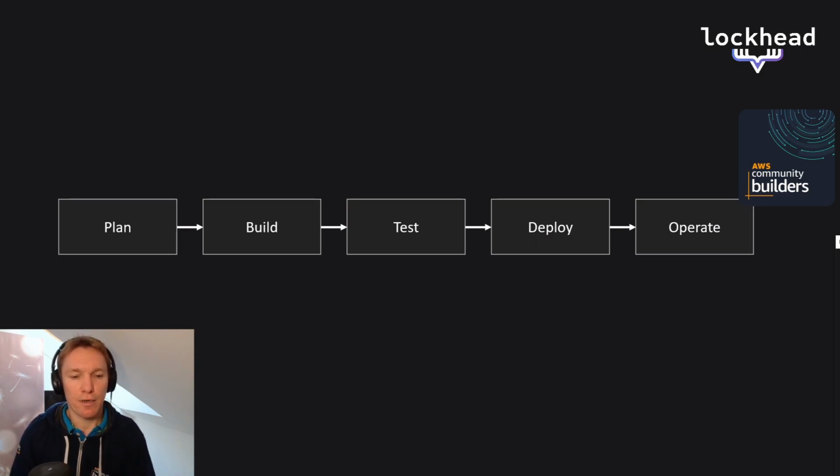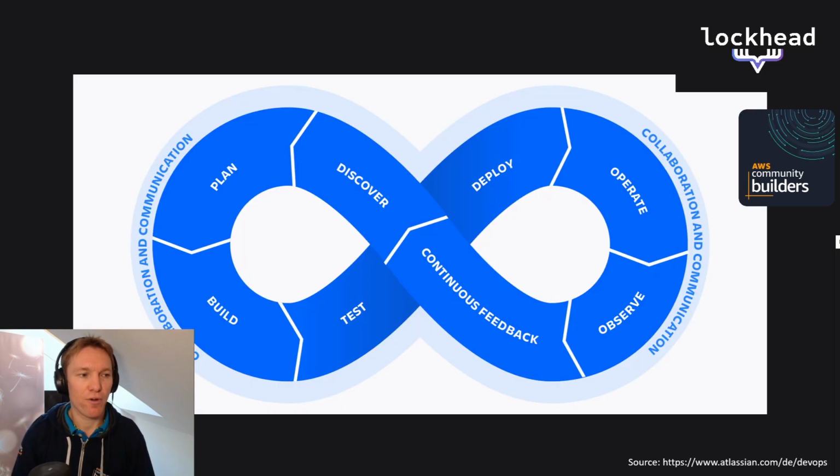Another idea, another picture for kind of the same thing, is the DevOps process. The DevOps process is the so-called DevOps 8. This talks about the idea that once you start doing something, so you plan something, you build it, then you test it, then you deploy it, then you need to operate it, and then you will look at it, you will gain continuous feedback, and you will see what you need to change.